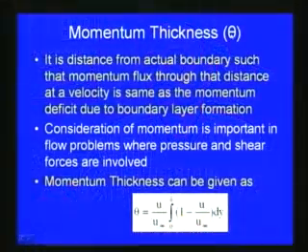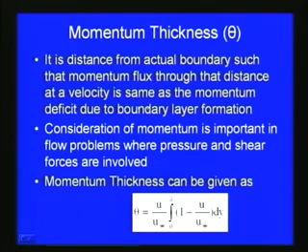There will also be a change in momentum due to the formation of the boundary layer. So we can define an expression called the momentum thickness, denoted θ. The momentum thickness is defined as the distance from the actual boundary such that the momentum flux through that distance at a velocity u∞ is the same as the momentum deficit due to boundary layer formation.